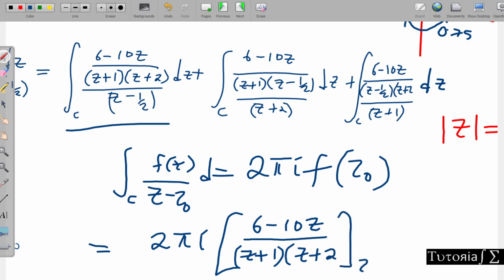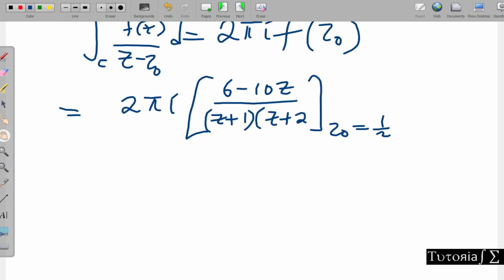Then you replace in your z naught. You get your z naught by equating this to 0. What are you going to have for your z naught? Just half, right?